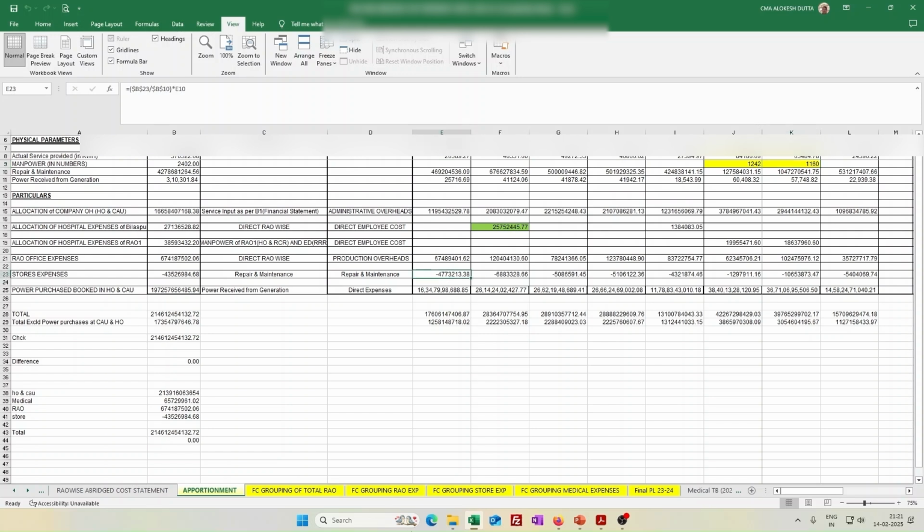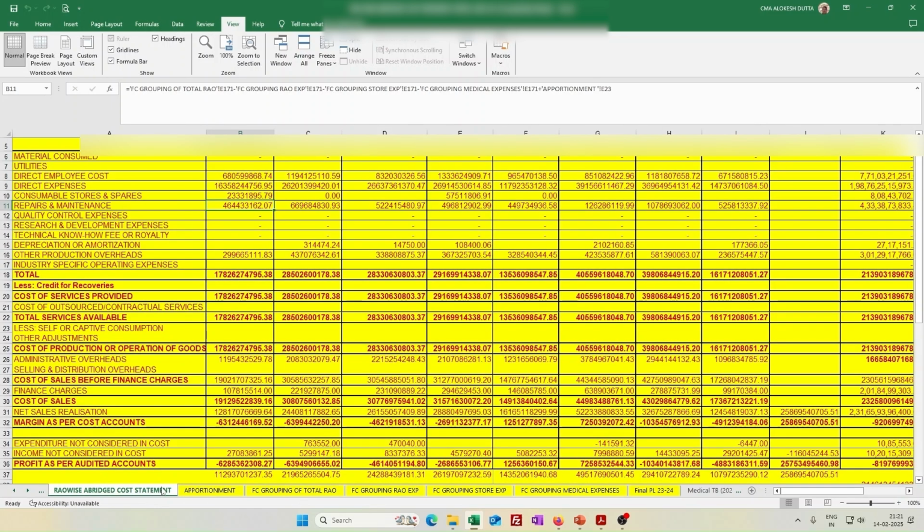Stores are actually meant for repair and maintenance, spare parts. So it should be booked under the repair and maintenance head, as I have already told you. All expenditure relating to repairs and maintenance should be booked under repair and maintenance. Likewise, all the RAO wise expenditure has been prepared from this data.